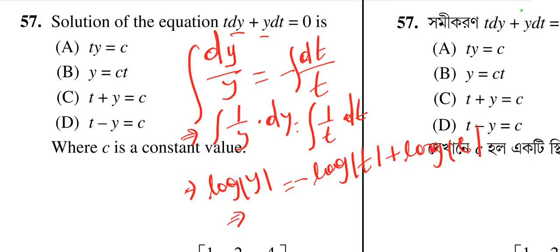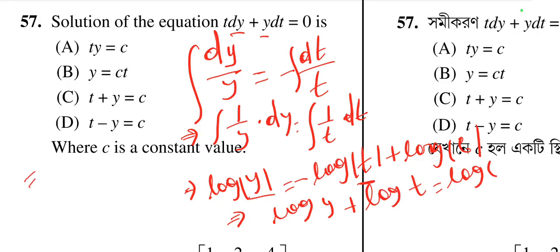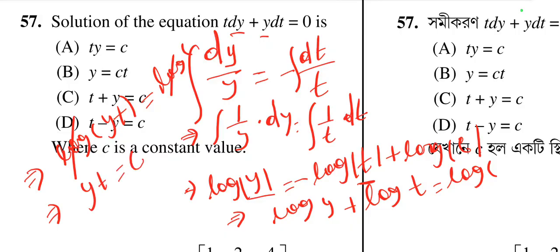This implies log yt is equal to log c. The logs cancel, so yt is equal to c, or we can say ty is equal to c. So option A, ty is equal to c, is the right choice here.